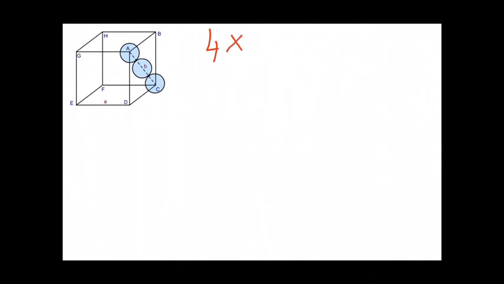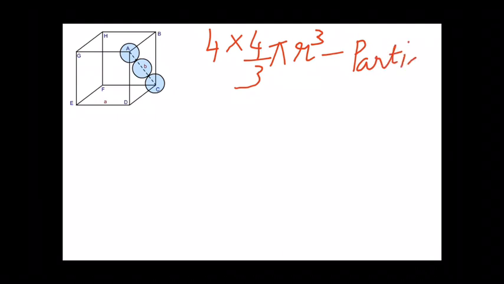So 4 into 4 by 3 pi r cube is the volume of particles. Now, what about the volume of the unit cell? The unit cell is cubic and side is a. Volume of the unit cell is a cube. So we have the volume of particles as well as the volume of the unit cell.